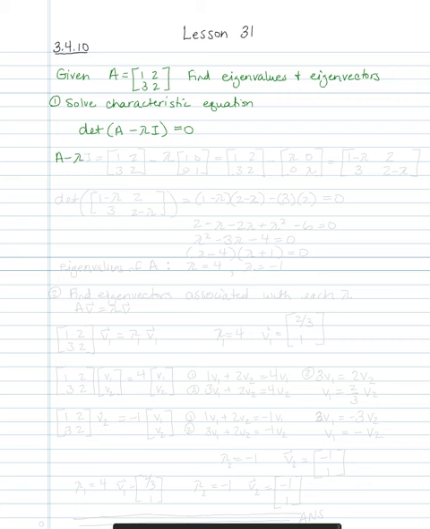A minus lambda I equals the A matrix [1, 2; 3, 2] minus lambda times the identity matrix, which is equal to [1, 2; 3, 2] minus [lambda, 0; 0, lambda]. And this is equal to the matrix [1 minus lambda, 2; 3, 2 minus lambda].